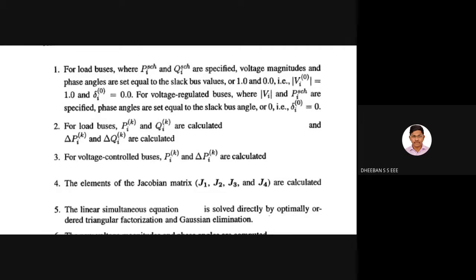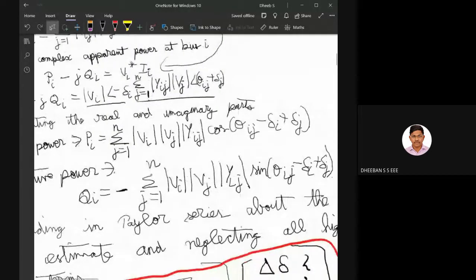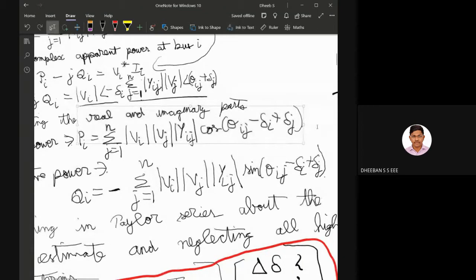In the initial condition of the NR derivation, I showed you a formula. So with the help of this formula, you will have to find your PIK and then your QIK value.